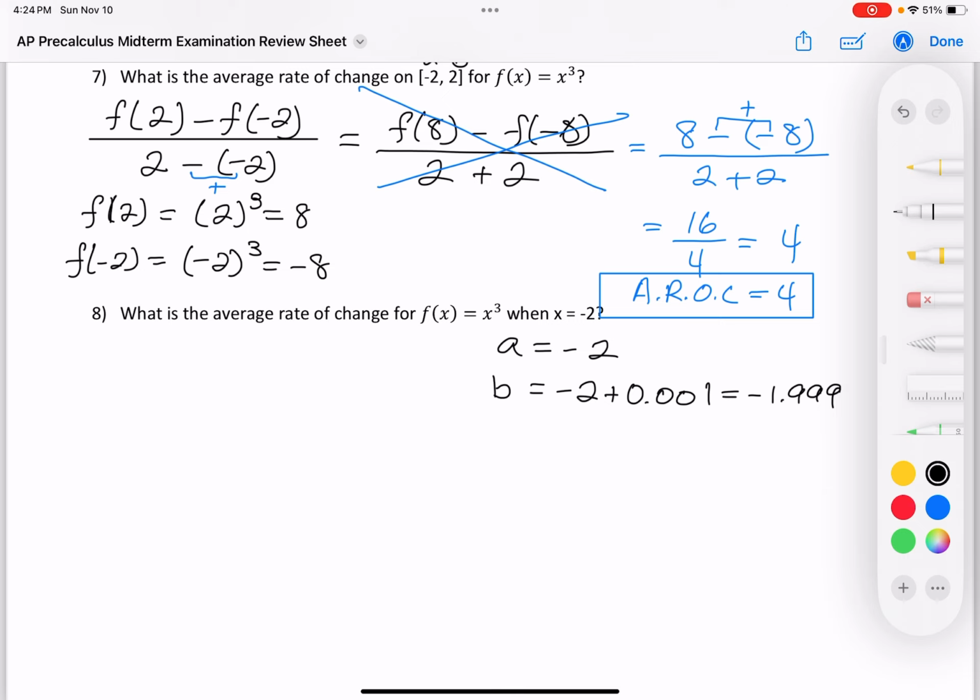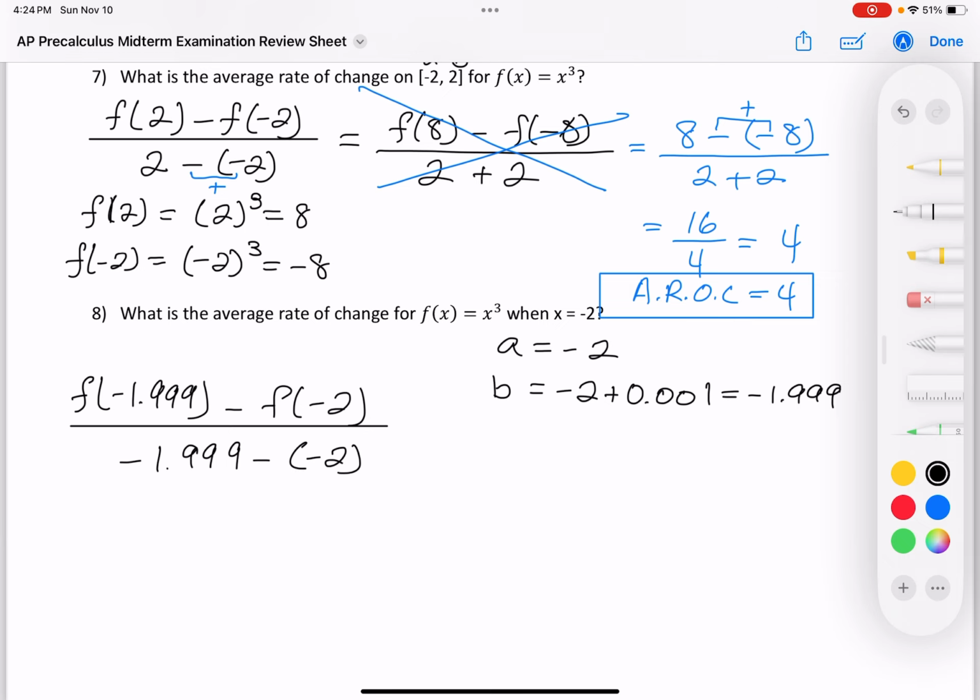I'm going to round to 3 numbers after the decimal for every calculation. Now, back to the average rate of change formula, plug in those values of a and b. It's going to be f of negative 1.999 minus f of negative 2, divided by b, which is negative 1.999, minus a, so minus negative 2.